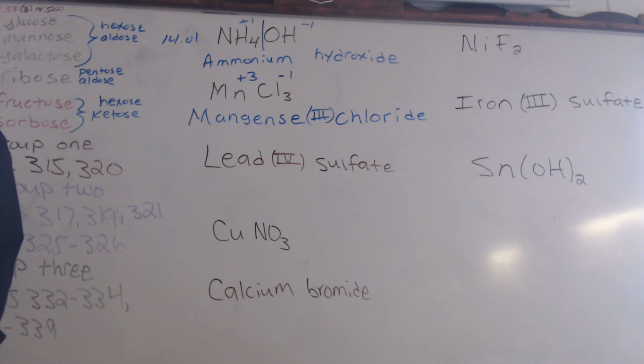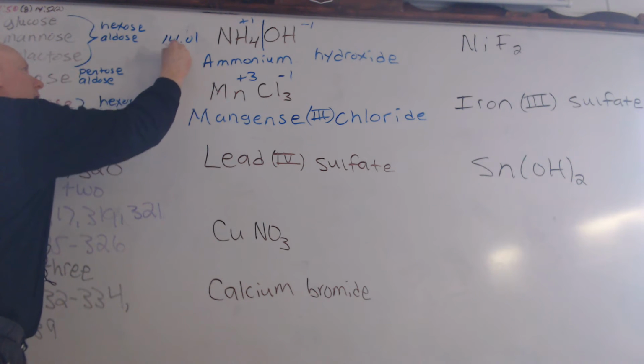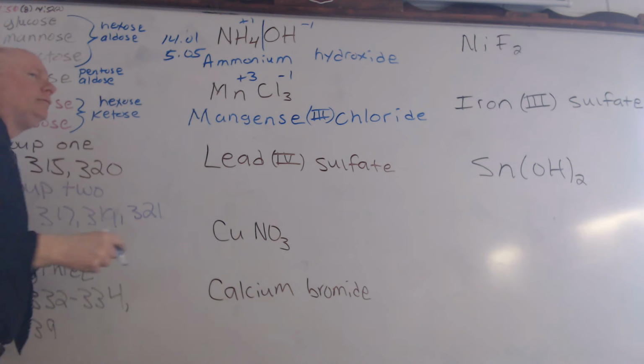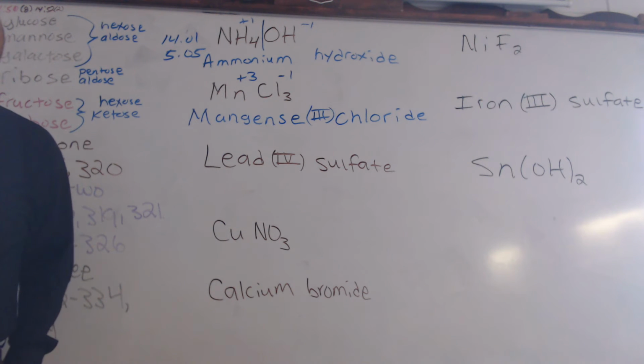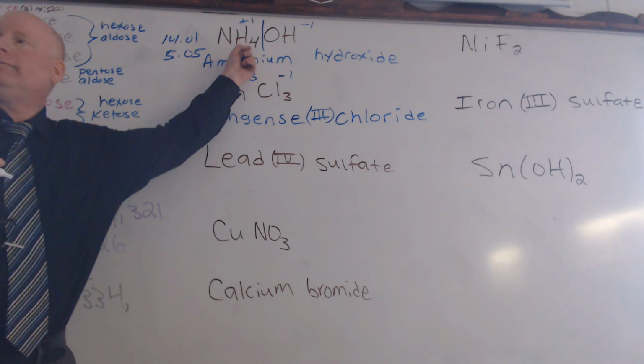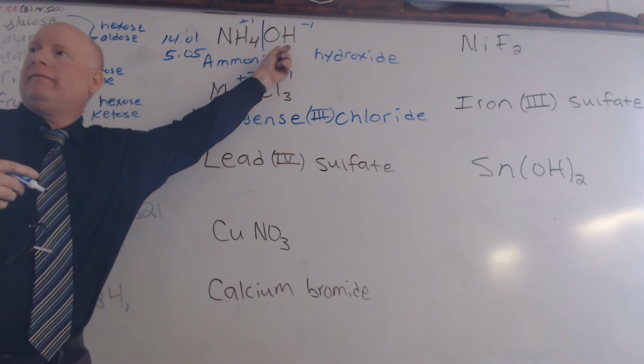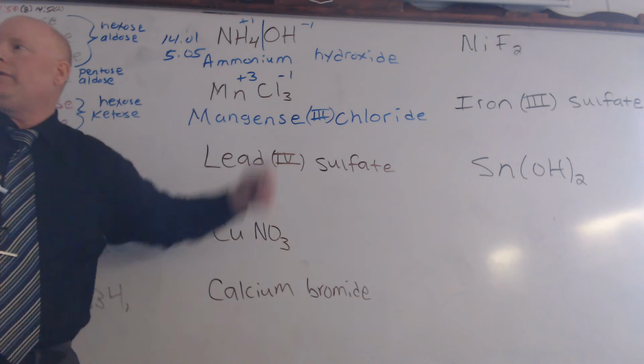How do you have 5? Because there's 5 of them. You got 4 here, right? You got 1 there, right? I think 4 plus 1 gives you 5, correct?